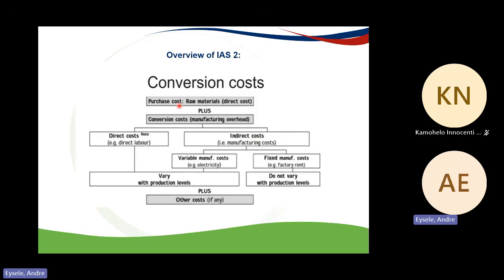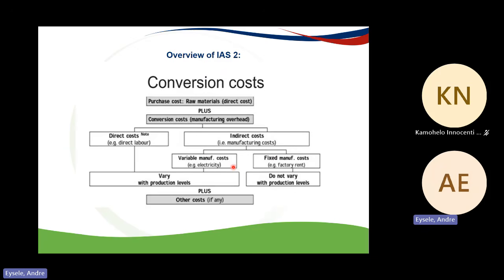So your purchase cost consists of your raw materials plus conversion cost. What are those costs? It's direct cost, direct labor, indirect cost, manufacturing costs, which consist of variable manufacturing cost and fixed manufacturing cost, which we will stand still on.